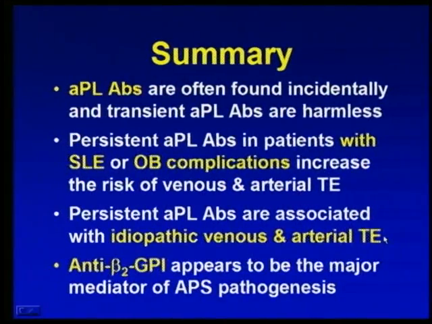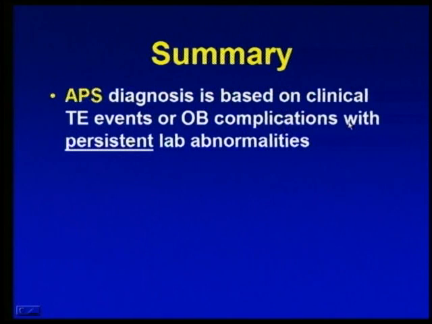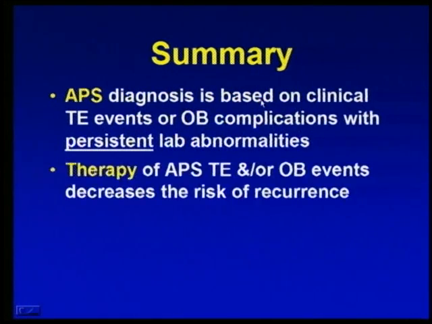Anti-beta-2 glycoprotein 1 seems to be the major mediator of the pathophysiology and pathogenesis of antiphospholipid syndrome. The diagnosis is defined by clinical criteria, and requires both a clinical criterion, either a thromboembolic event or obstetric complication, and persistent laboratory abnormalities.